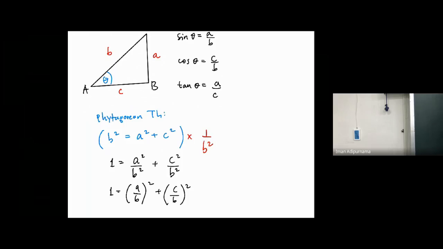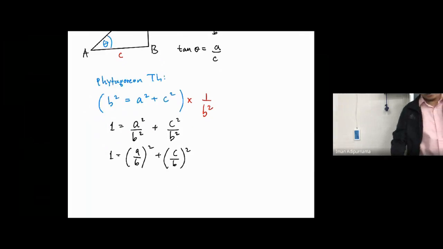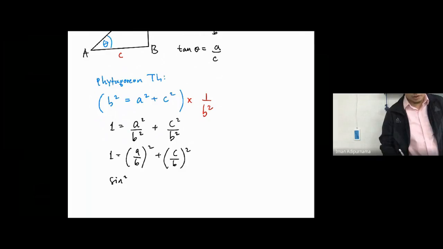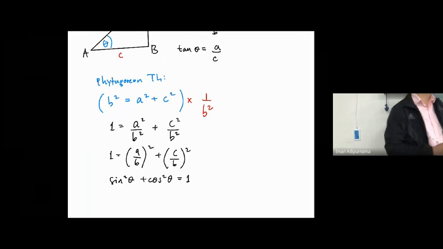So whenever you forget the sine cosine identity, use the triangle and the Pythagorean theorem. And you can prove this as sine squared theta plus cos squared theta equals 1.